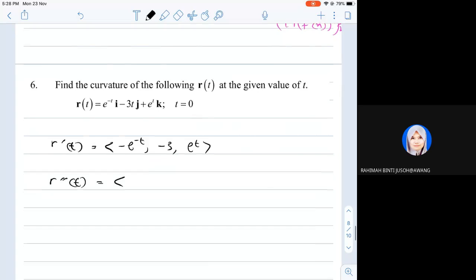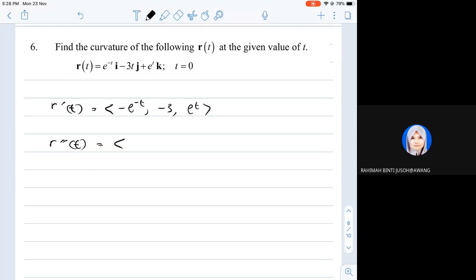Differentiate again, negative becomes positive, exponent negative t, negative 3 becomes 0, exponent t stays exponent t. Now you are given the value t equals to 0. To make your calculation easier, you can straight away substitute the value of t in here and here.